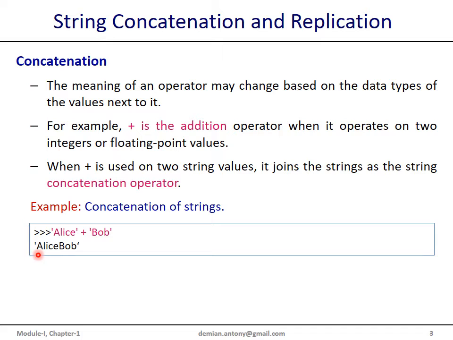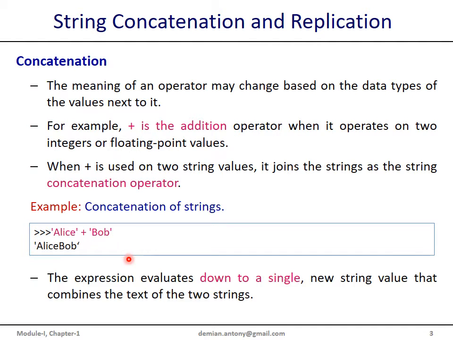This results in a concatenation of two strings. And remember, this expression containing plus and the operands of type string evaluates down to a single value, where the value is a new string, which is a combination of the two strings found in the expression.